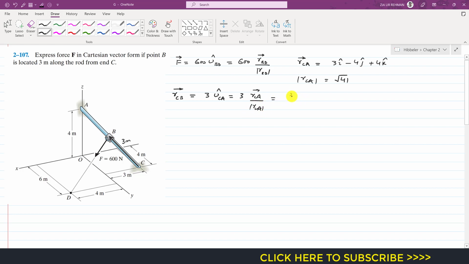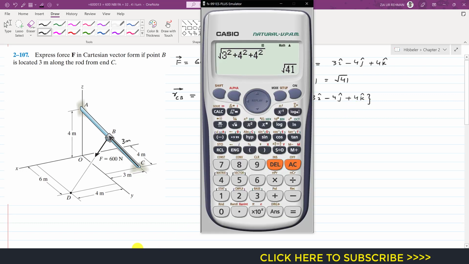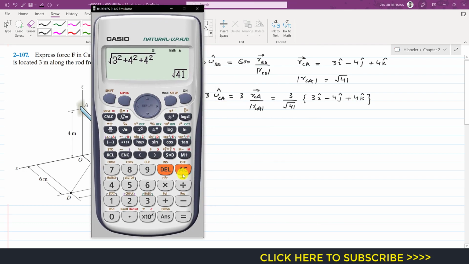So this is 3 divided by square root 41 multiplied by this position vector, 3i minus 4j plus 4k.